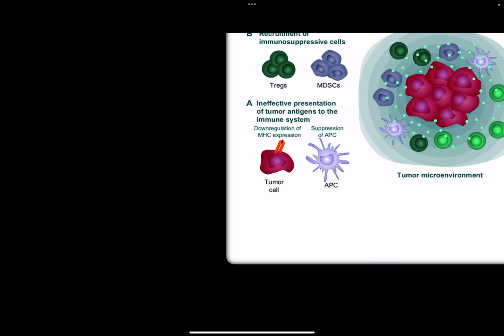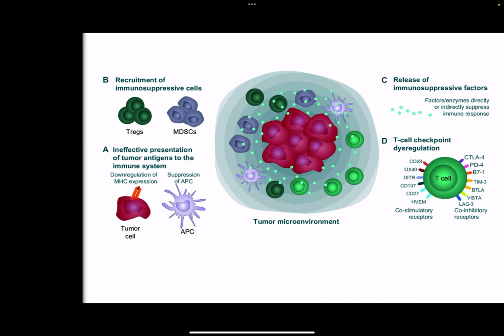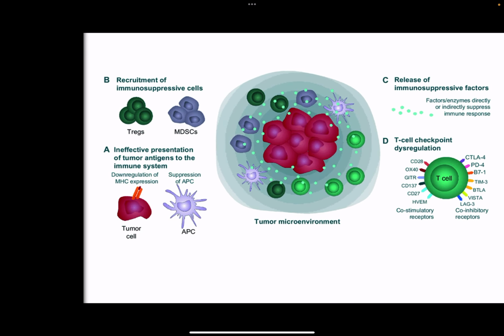Here's just another situation where you have a tumor and its environment, and what this tumor environment has to hide itself. One, it's going to release those immunosuppressive factors so that there are no white blood cells being called in.